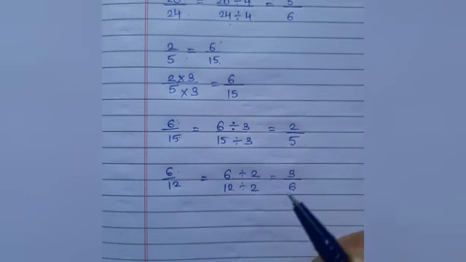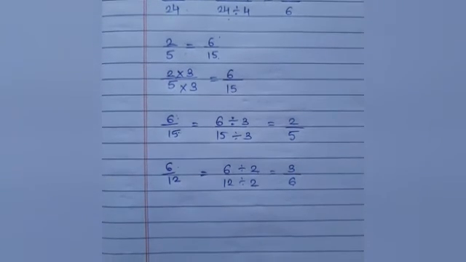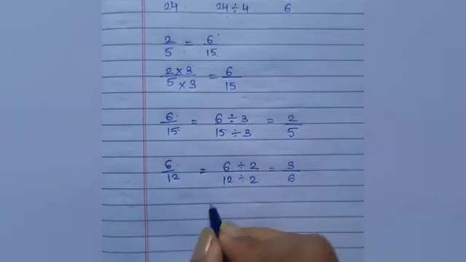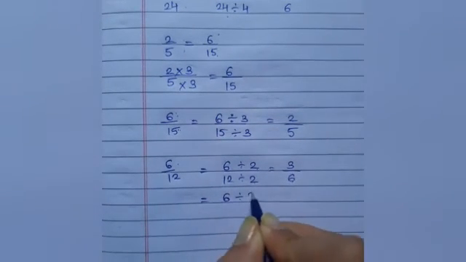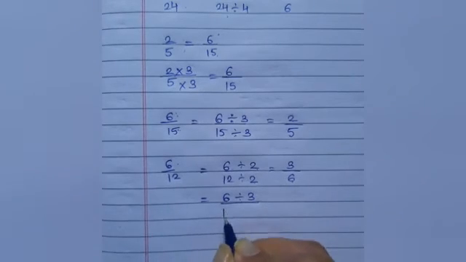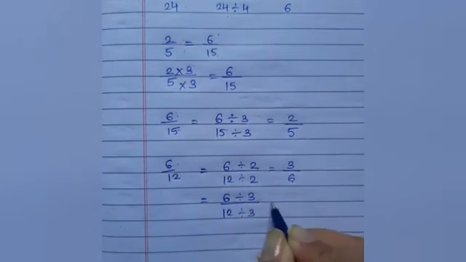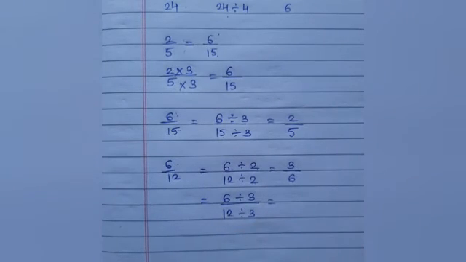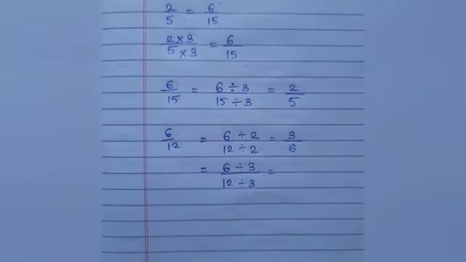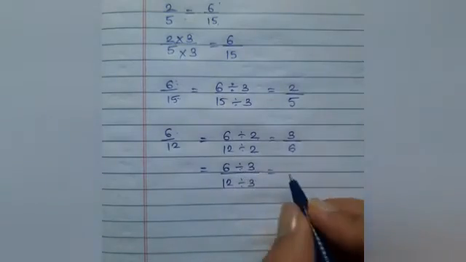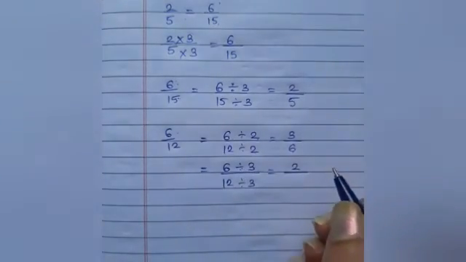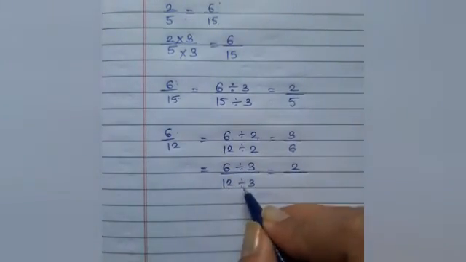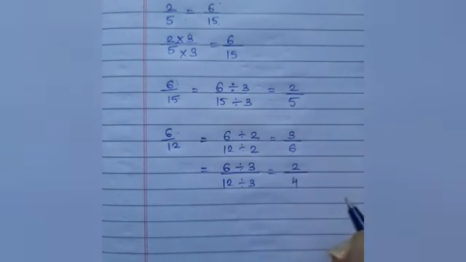Again, we'll consider the table of 3. 6 divided by 3 upon 12 divided by 3, and the value will be 6 divided by 3 is 2 and 12 divided by 3 is 4.